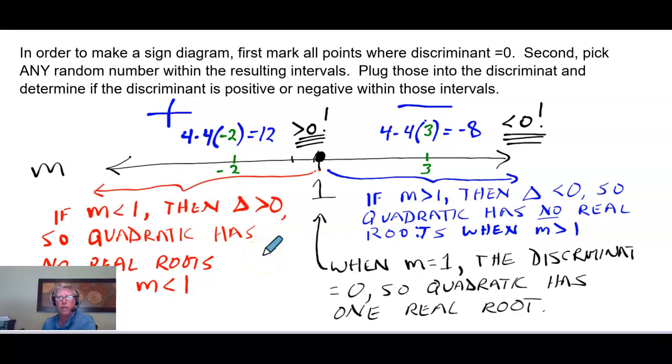And that would indicate any m value over here will result in a positive discriminant, which would give us 2 real roots.